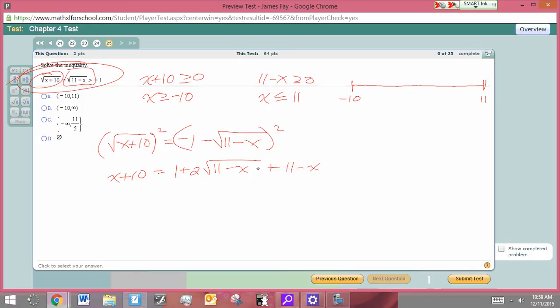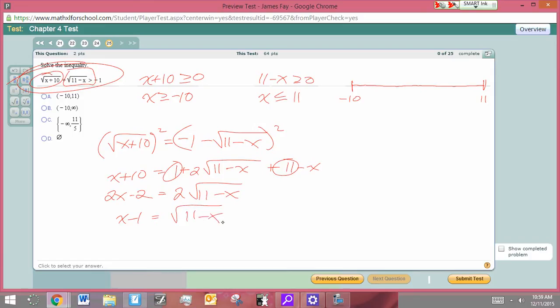So when I start moving, I want to isolate this radical now. I'm going to move the x over, so it gives me 2x. I'm going to move this 12 over, so it gives me 2x minus 2 is equal to 2 times the square root of 11 minus x. Divide everything by 2, it gives me x minus 1 is equal to the square root of 11 minus x.